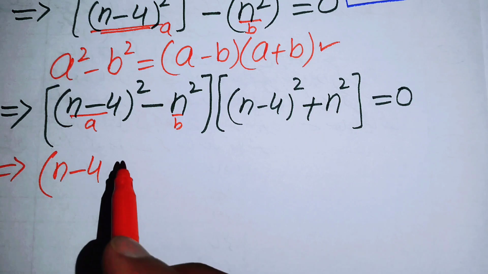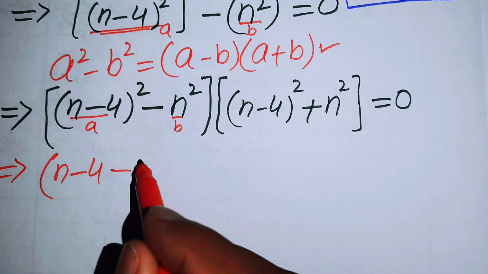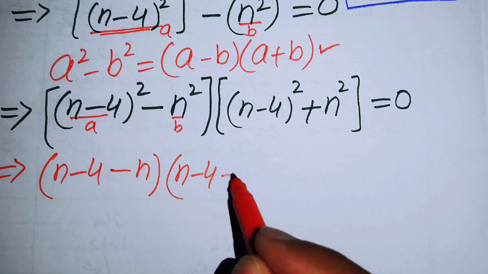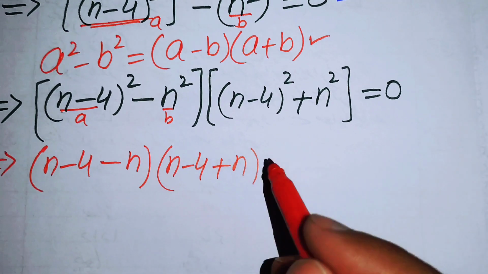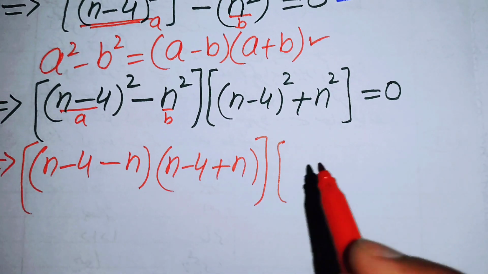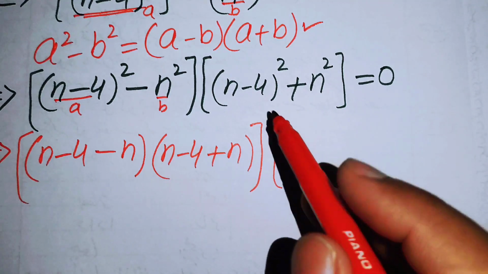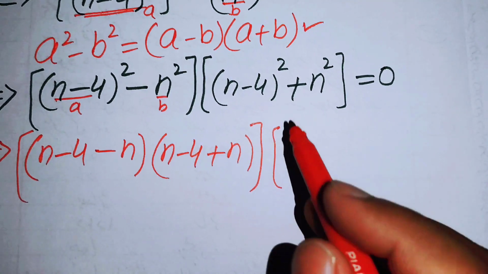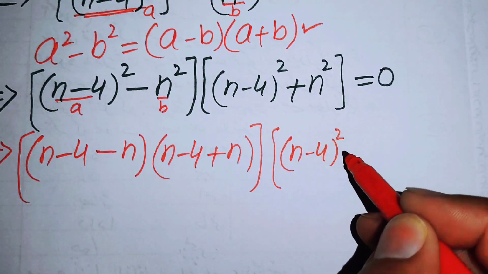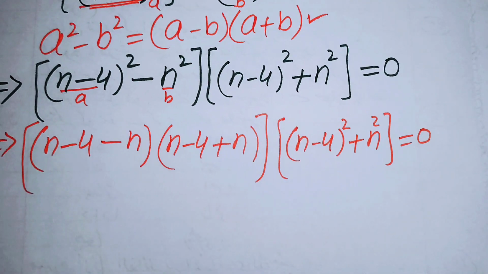So you have a minus b, where the value of a is n minus 4 minus the value of b is n, and n minus 4 plus n, and we can write this factor as it is, or we can open this square identity, and here you have (n minus 4) squared plus n squared is equal to 0.